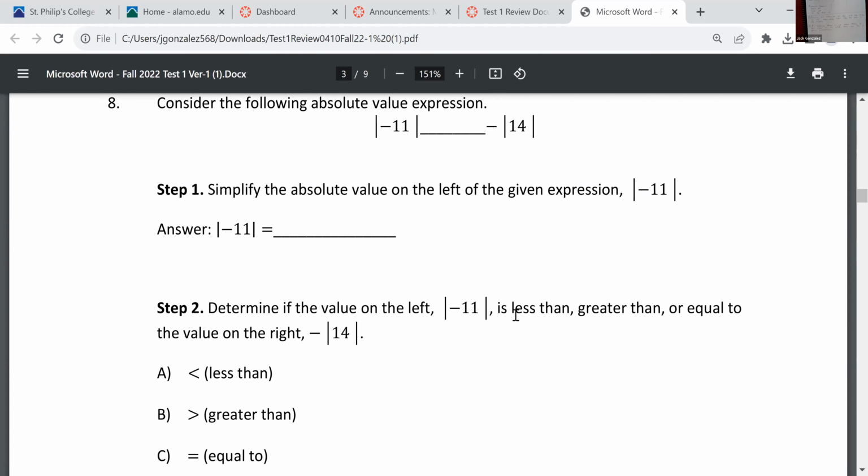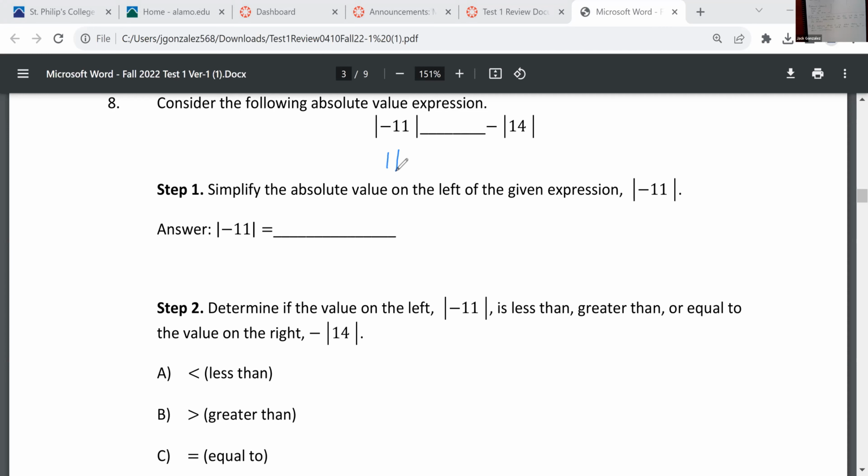Really give us steps. It is a review with a key in it, but let's pretend the steps didn't exist. I want to know which ones are less than, greater than, or equal to. What do absolute values do? Yeah, so whatever's in there will come out as a positive. It's already positive, it stays that way.